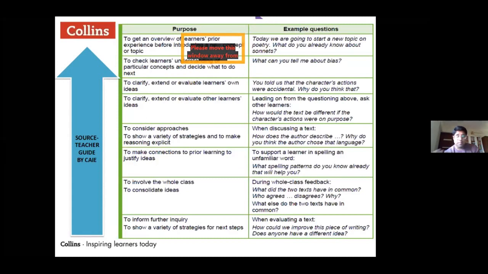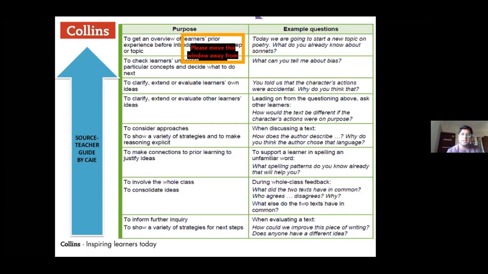By checking their understanding, to clarify, extend, or evaluate the learner's own ideas and other learners' ideas, to consider approaches, to show a variety of strategies and to make the reasoning explicit, to involve the whole class or to consolidate the ideas, to inform further inquiry. So all these are purposes.